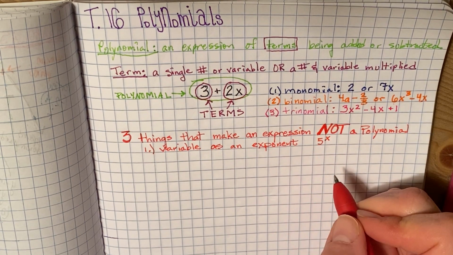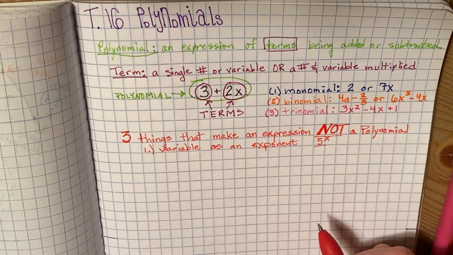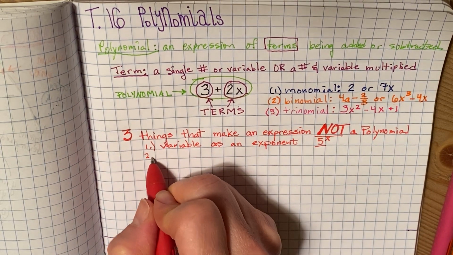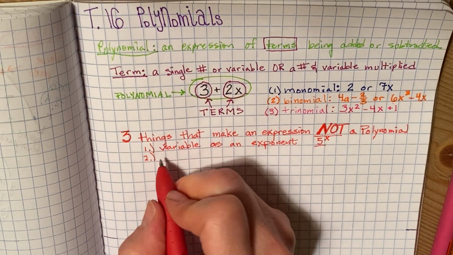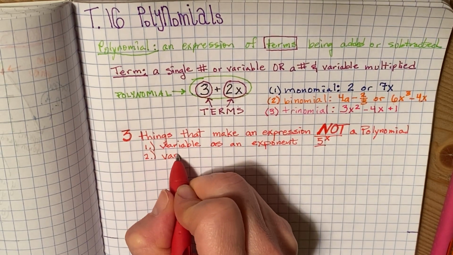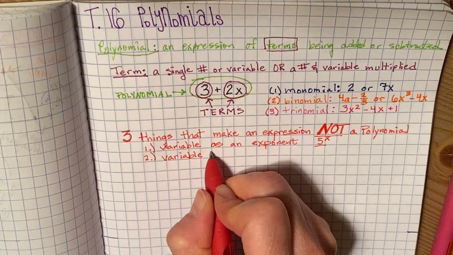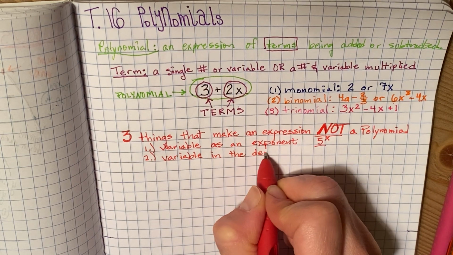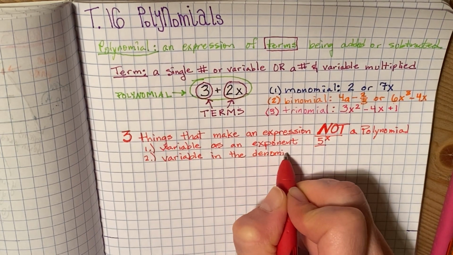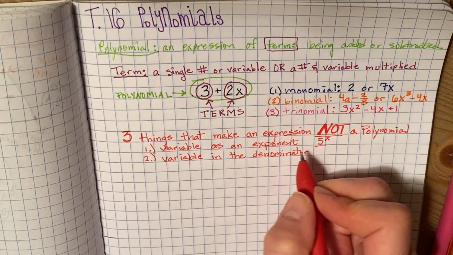This is not a polynomial. 2, if we have a variable in the denominator, okay?